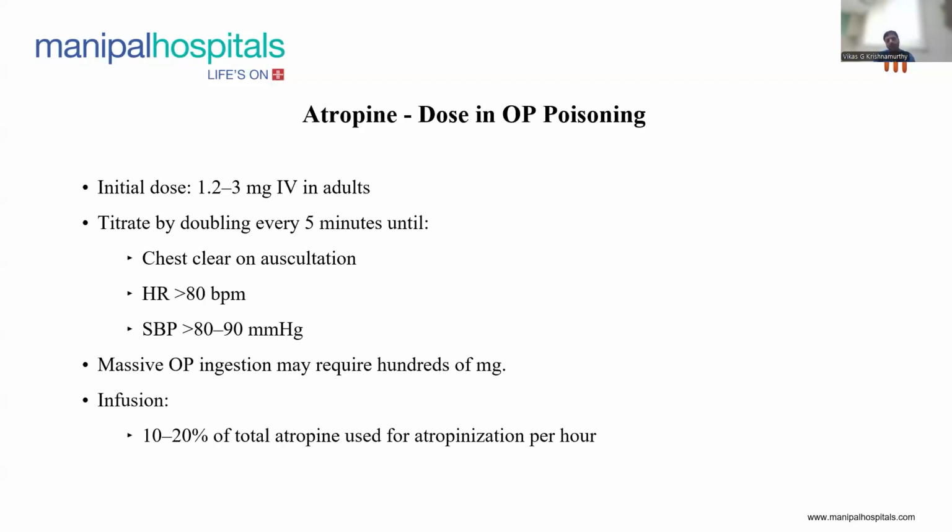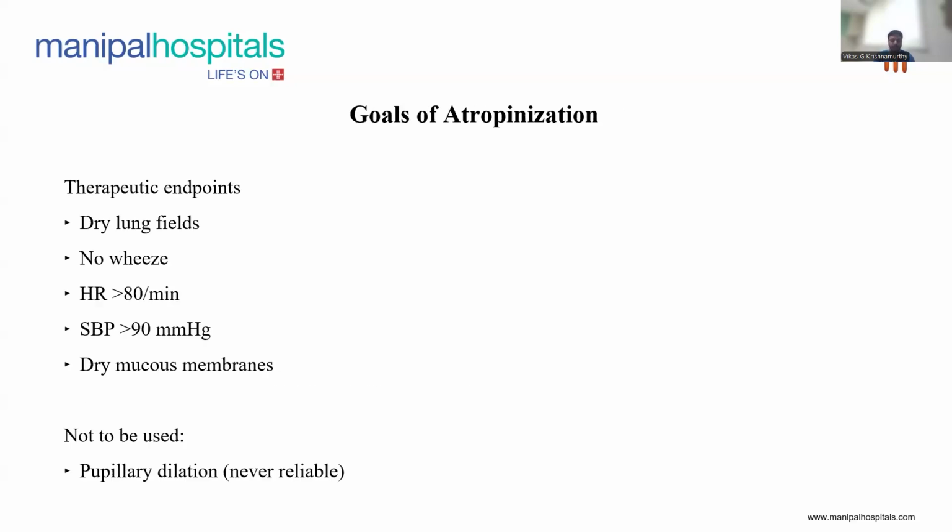Infusion is 10 to 20% of the total atropine used for atropinization per hour. The therapeutic endpoints of atropinization are dry lung fields, no wheeze, heart rate more than 80, systolic BP more than 90, and dry mucous membranes. Pupillary dilatation is never reliable and shouldn't be used as the endpoint of atropinization.